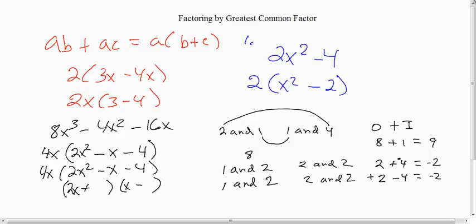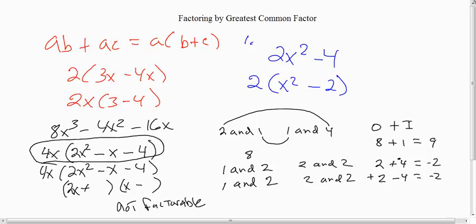So we can determine that it is not factorable. At least we made our attempt. If we go back, we can see there are no factorable terms on the inside of our original factored amount. Since we could not factor the trinomial, the trinomial on the inside is not factorable.